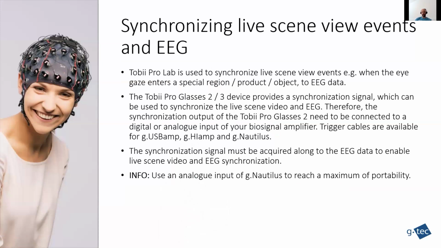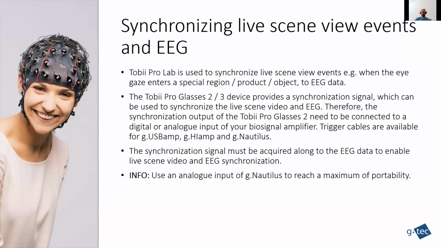The g.Nautilus offers a device called multi-purpose. It's a g.Nautilus multi-purpose, which comes with a set of 1.5 millimeter safety connectors, and then you can connect the synchronization signal to the analog input of the Nautilus, and then you don't have any connection between the subject and the PC.